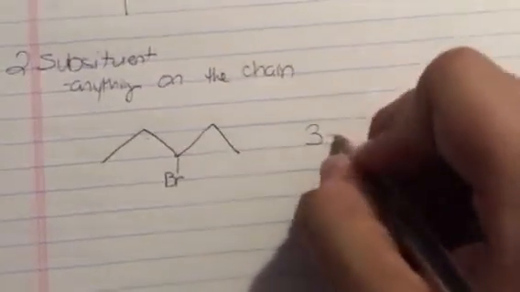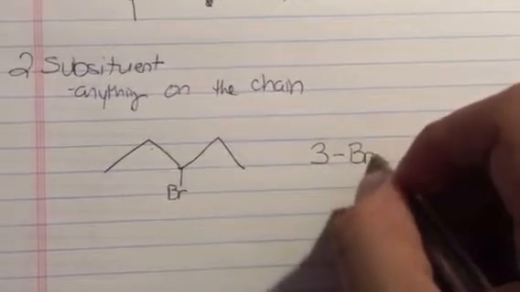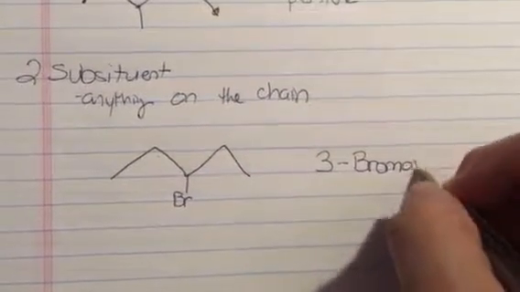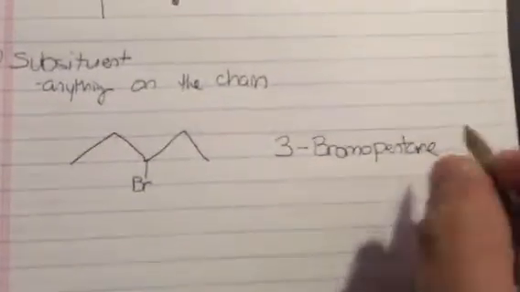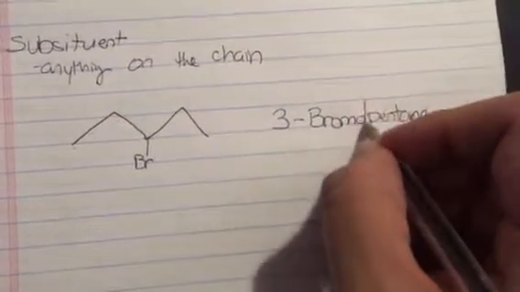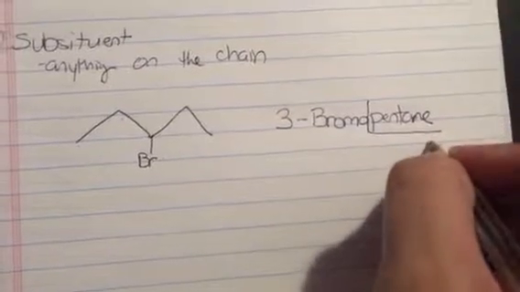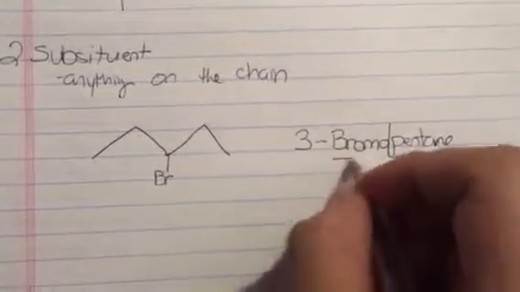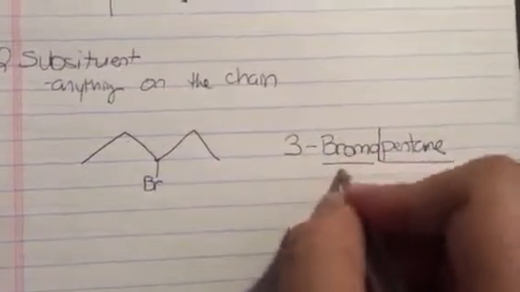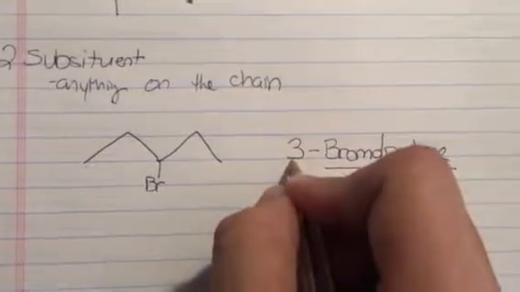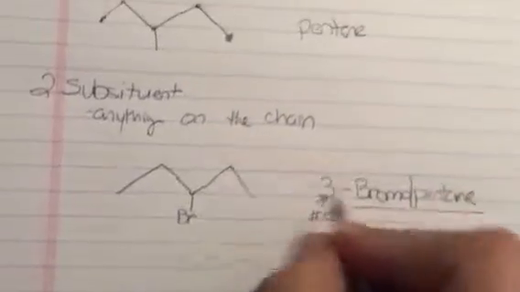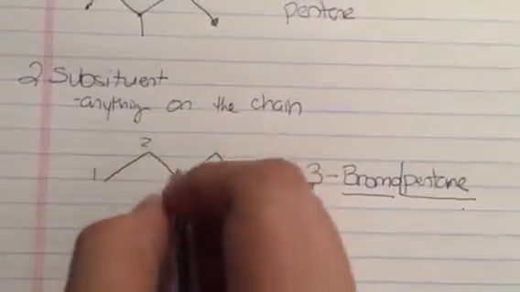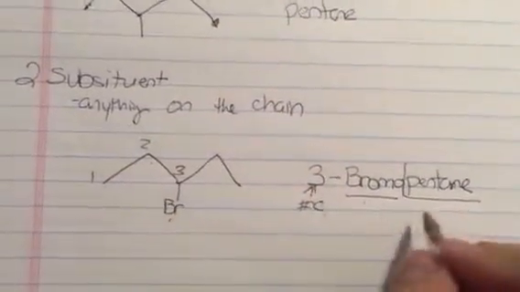That's going to be a 3-bromopentane. We're always going to keep the parent chain at the end. The bromo, because that is what the substituent is. And the 3 is the number of the carbon that it is currently on. So 1, 2, 3, bromopentane.